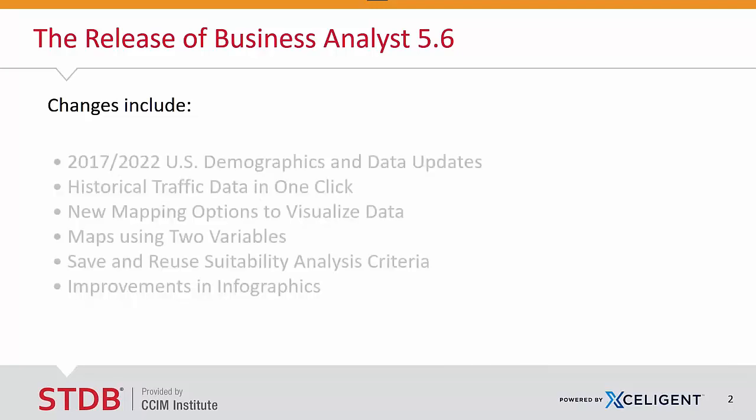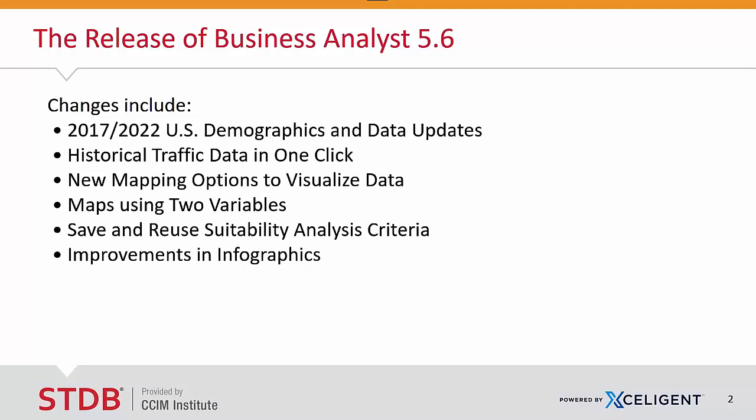All right, so this change took place last week, actually the night of June 27th, and what changed is our data is now primarily, and I'm going to show you where there are a couple of exceptions once we get into the site, but mostly updated now to 2017 data estimates with 2022 projections.